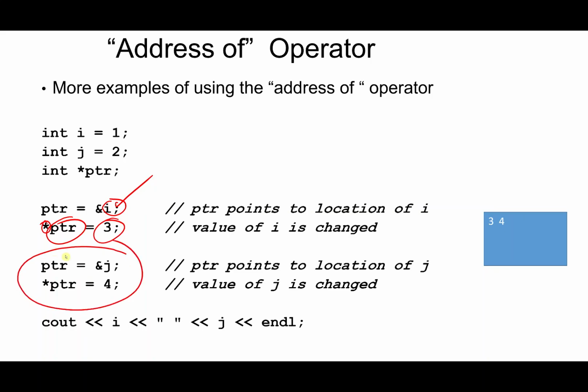And remember, with pointers, you can make the same pointer point at one variable, then point at the other. You cannot have one pointer pointing at two variables at once, but you can reuse your pointer variable. So when I print i and j, I print 3 and 4 because I changed them via ptr.